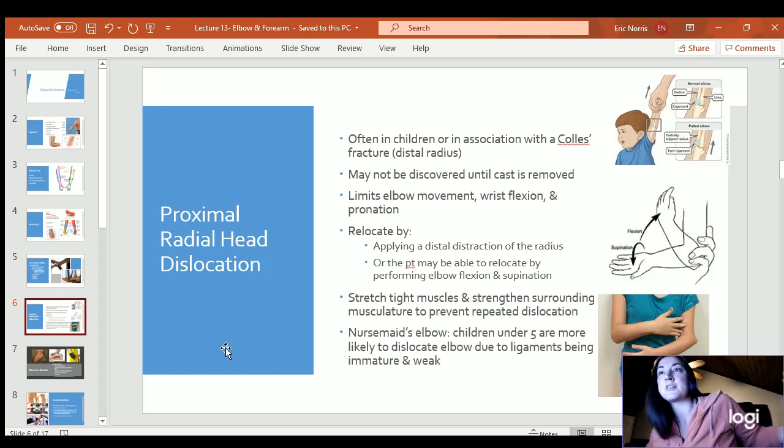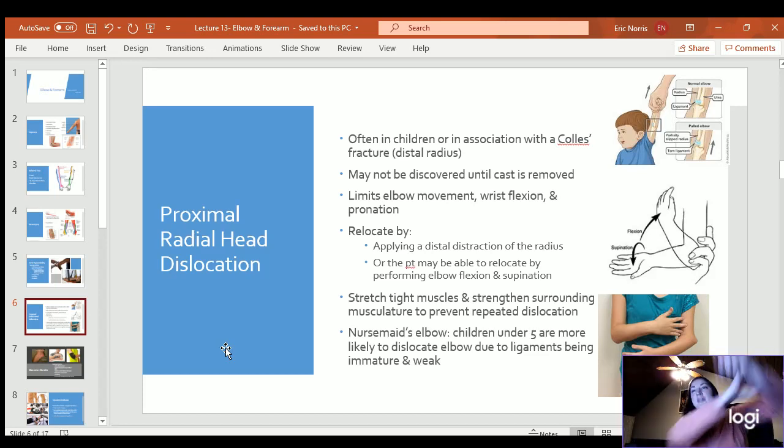They're kind of dragging the kid along. The kid's saying, I don't want to go. They're dragging them along by their arm, pulling on that elbow. And the ligaments there are not typically very mature before age 5, and so it's easy to dislocate that area.